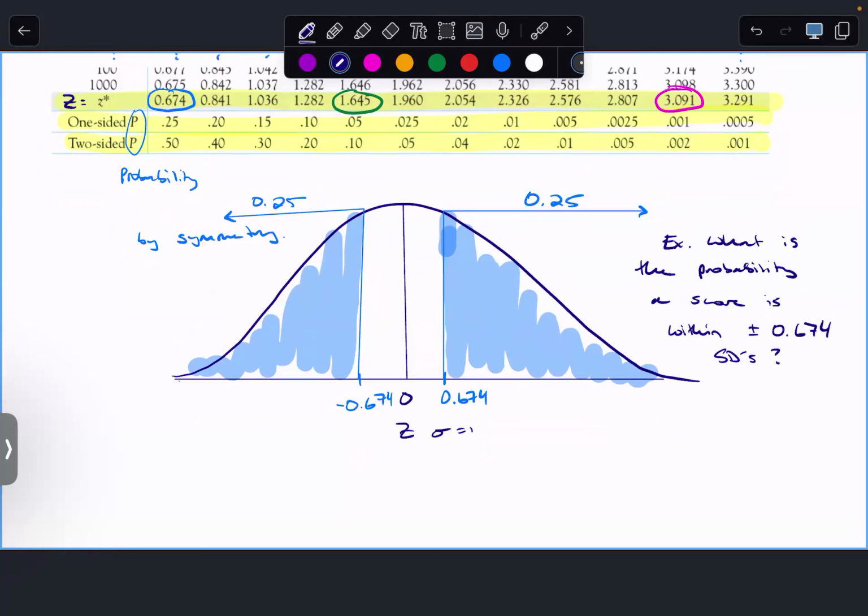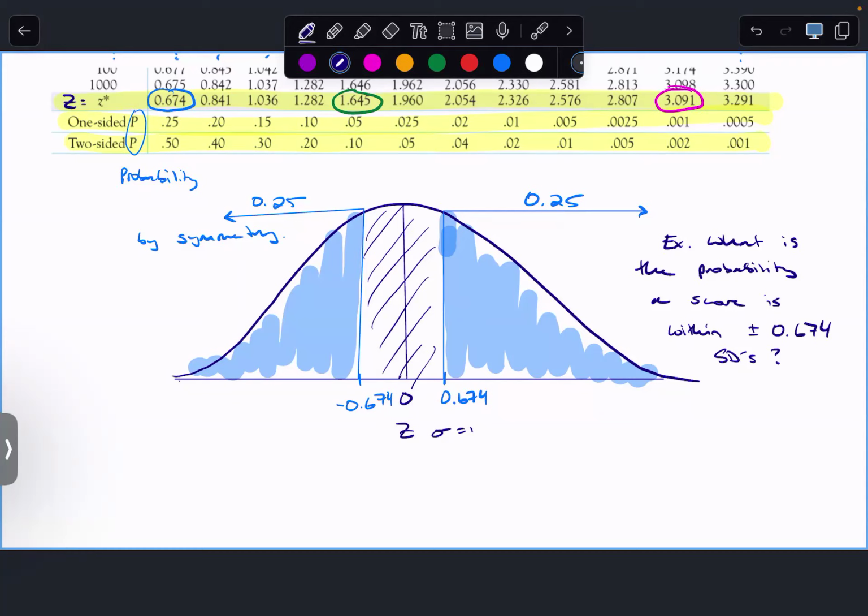I'm using 0.674 because it's the value that we have. We're going to move away from that. But what do we want to find? That's this area, remembering that probabilities are areas under the curve.